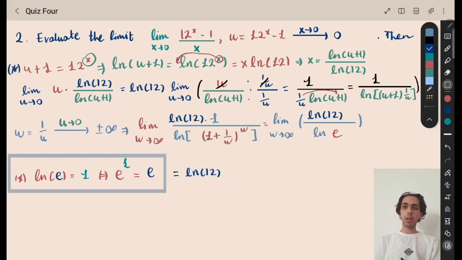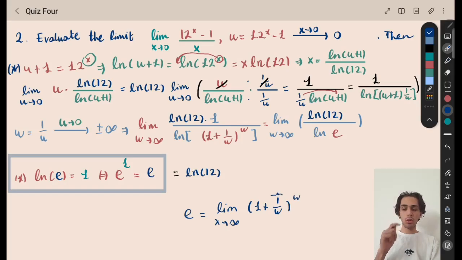So the trick is to really know how the exponential is defined. The limit as w tends to infinity of (1 plus 1 over w) to the power of w, where this is the percentage and this is the number of accumulations you have.